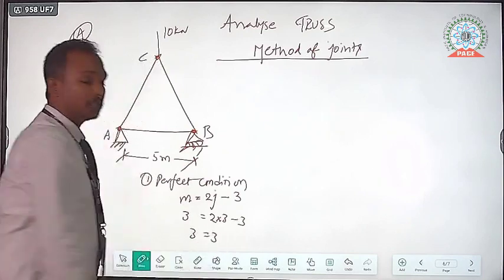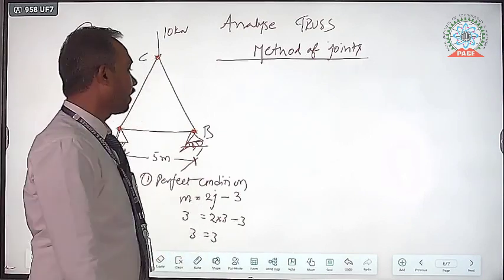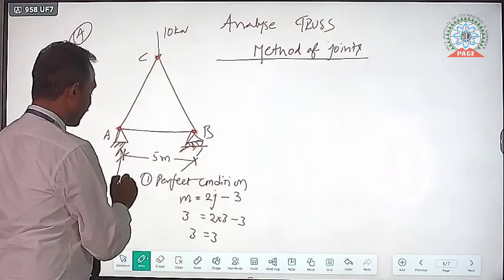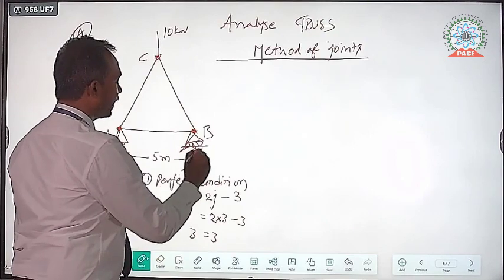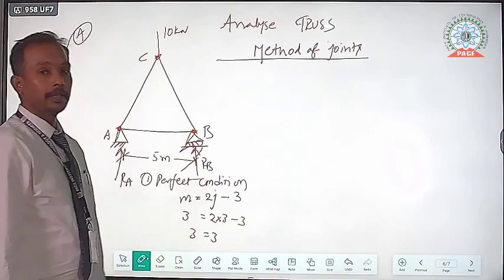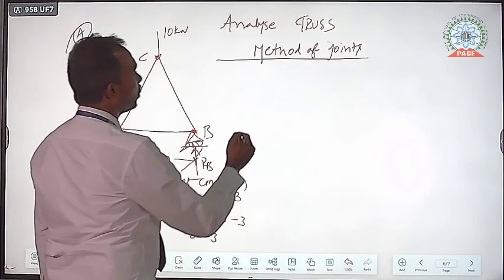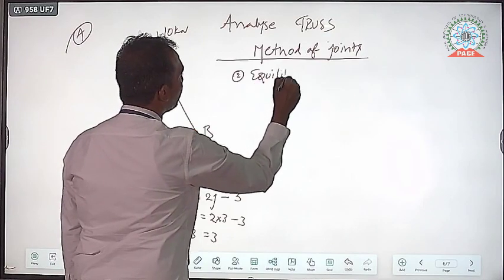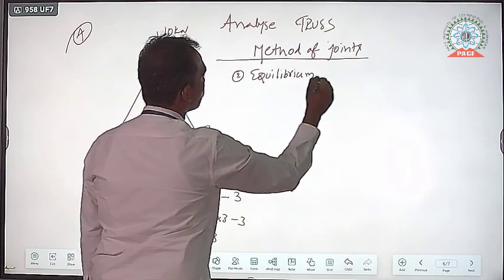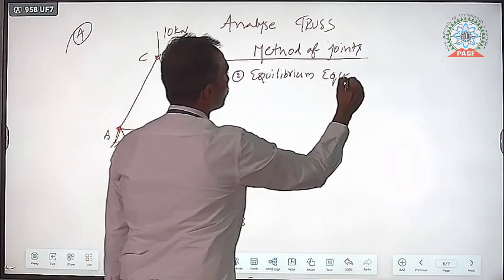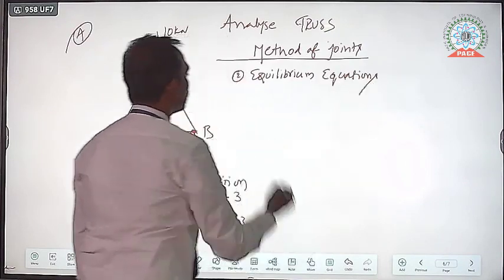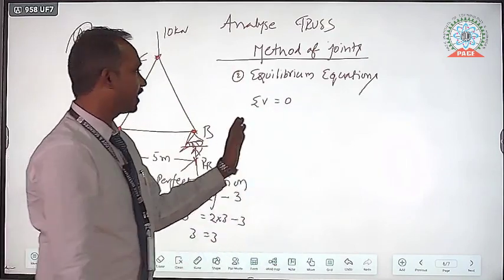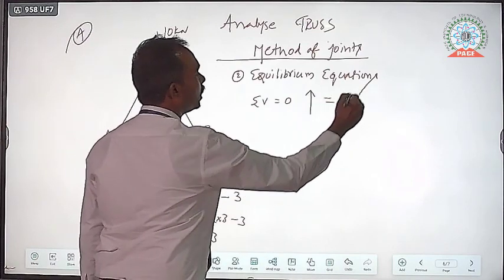So next, calculate the reactions. We can get the reactions like this, RA and here RB. From the equilibrium equations, sigma V is equal to 0, which states that the sum of all the vertical forces acting upward is equal to the sum of all the vertical forces acting downward.